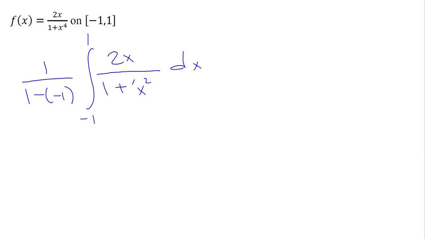If I rewrote x to the 4th as x squared squared and let u equal x squared, then we'd have 1 plus u squared in the denominator. And the derivative of x squared would be 2x, which is what's in my numerator, which would be really convenient for a u substitution.